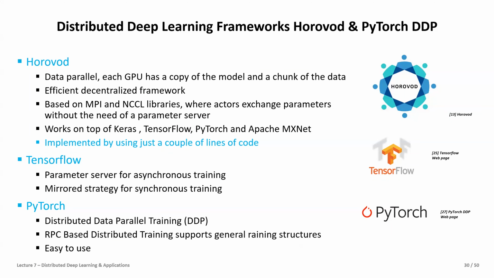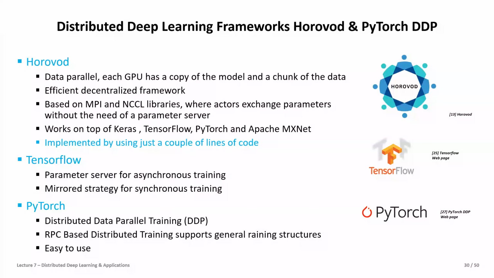Then TensorFlow, as I said earlier, has this kind of parameter server for asynchronous training, and also another strategy for synchronous training. So you can use it, of course, but think about that maybe Horovod is a better way to go, because you have MPI and of course also the interconnects.